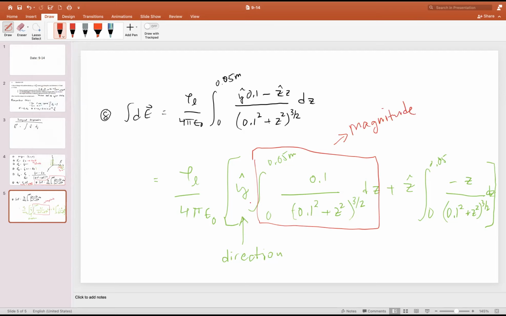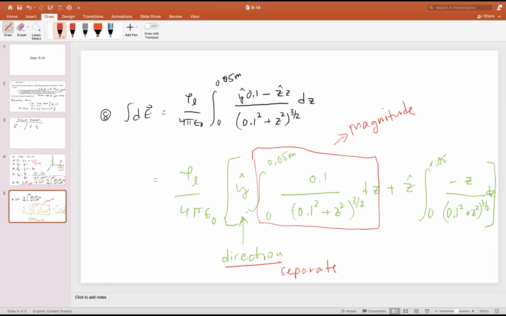And the direction component is separate. So this is just a placeholder to say, okay, we know that we have a direction, but we still have to find the magnitude. And the magnitude is the integral part. No matter what the result of this integral is, it will still have the same direction.